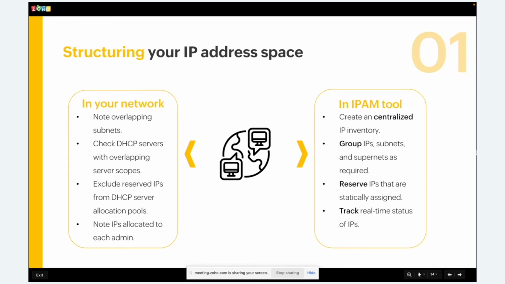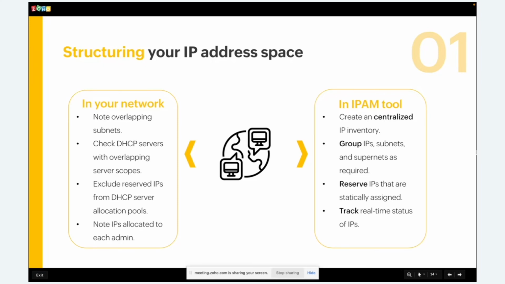Now, in your network, it is important that we structure your IP address space. So how do you do that? When we calculate subnets, when we create subnets, there might be scenarios where we have overlapping subnets. So make a note of all the IPs in the overlap and make sure you put the right efforts in your IPAM tool to monitor these IPs.